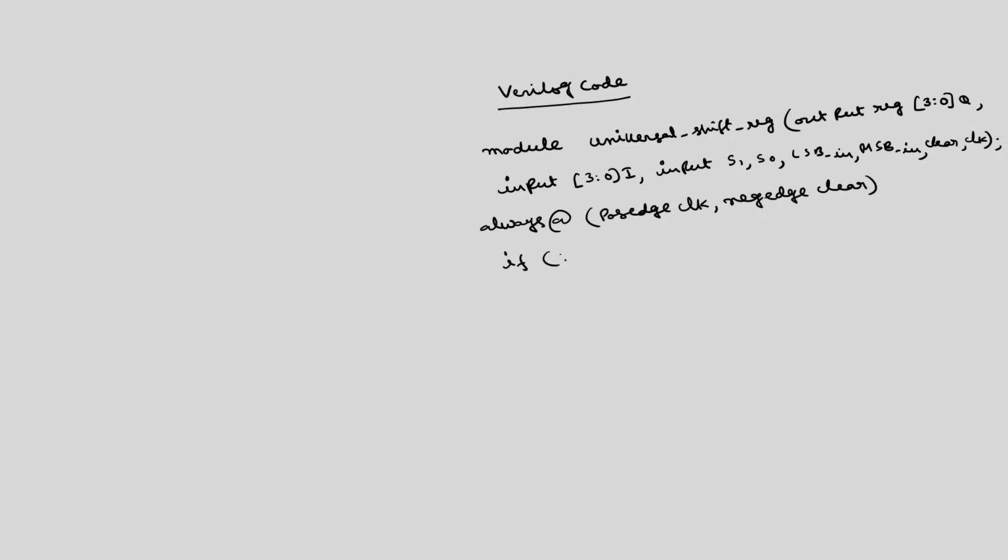If clear is equal to 0, simply all the Q3, Q2, Q1, Q0 have to stay in 0 0 0 0 state.